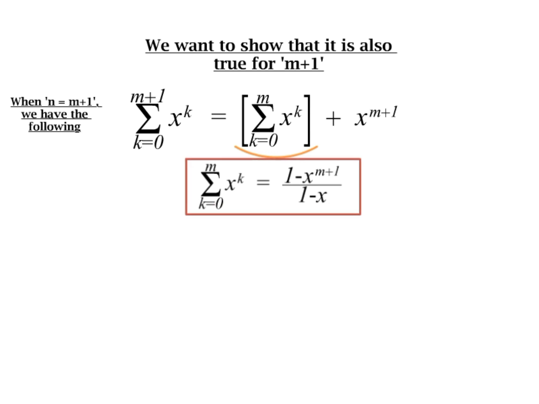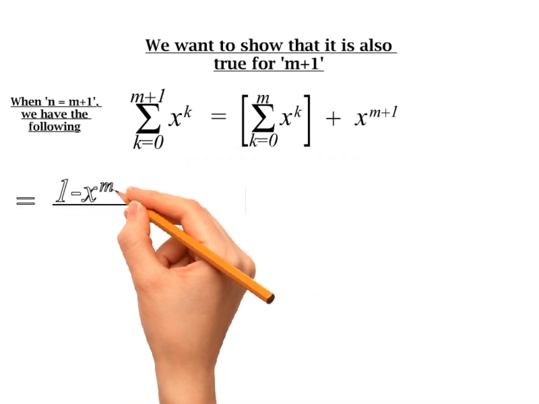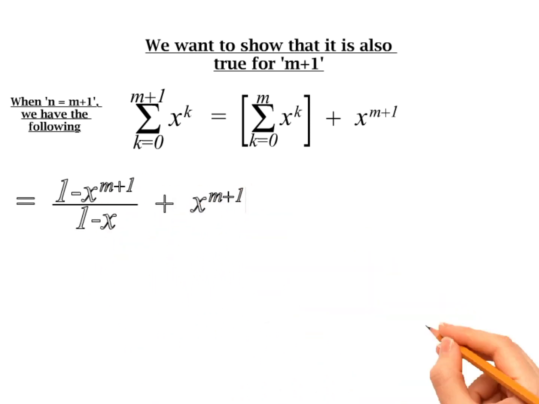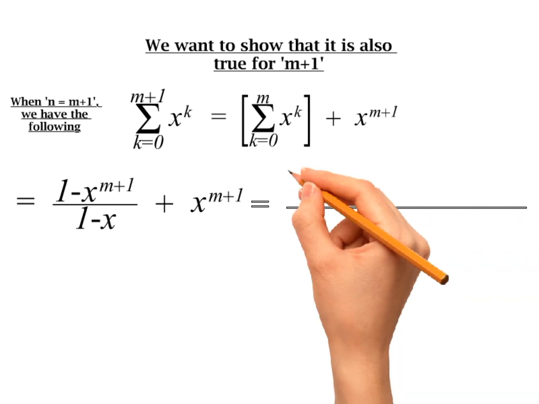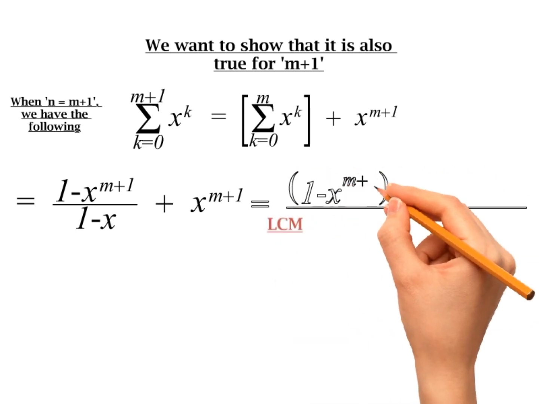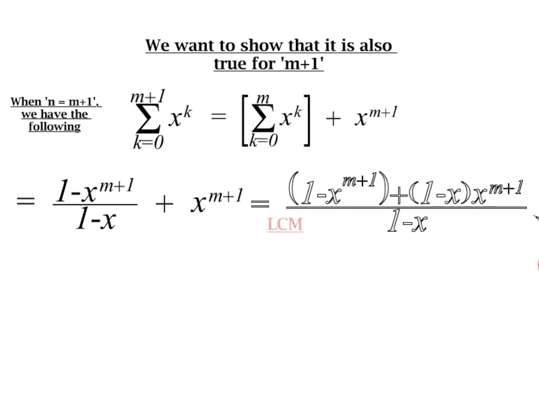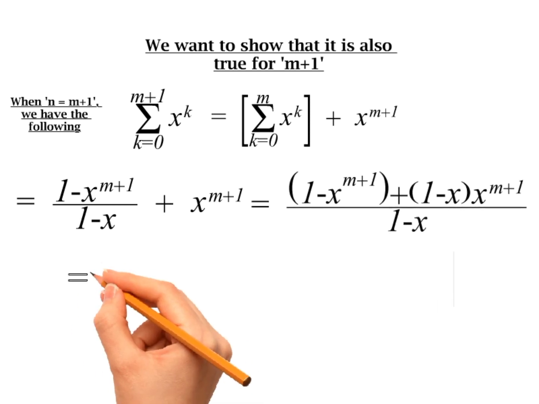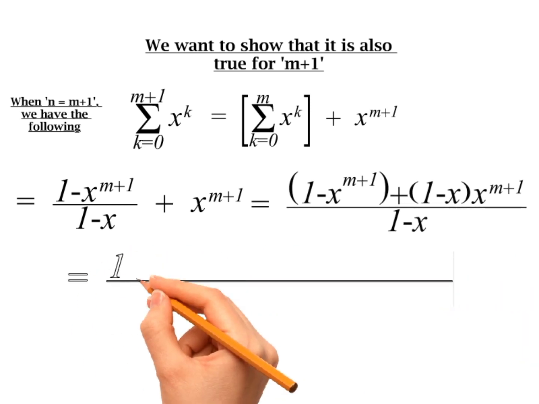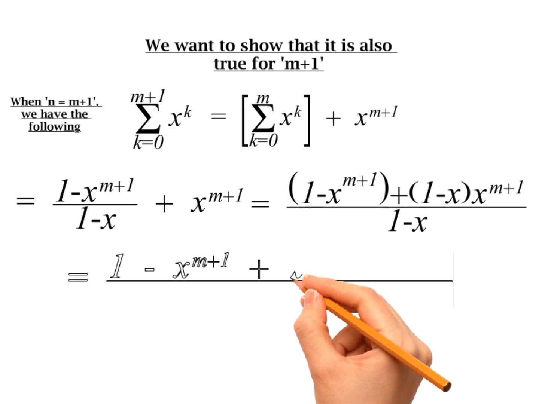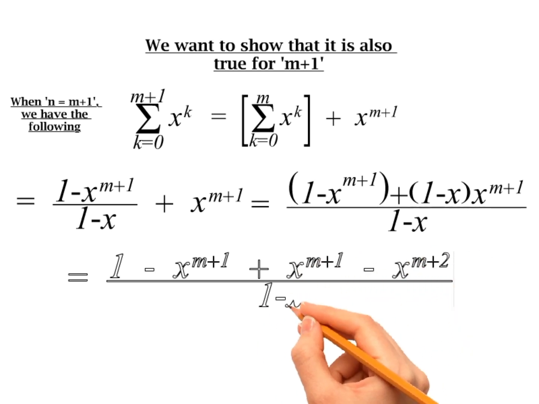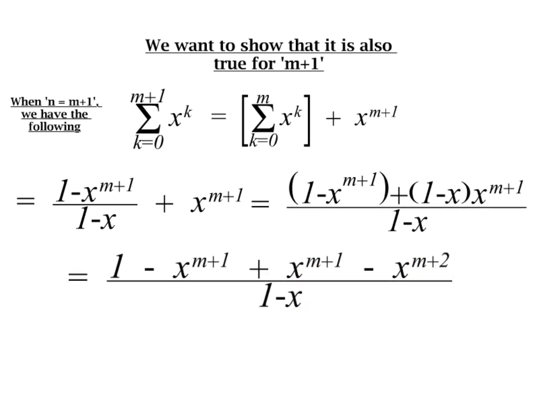This leads to (1 − x^(m+1))/(1 − x) plus x^(m+1). Convert the expression to a single fraction. Then we simplify the result. We see that x raised to the power of m plus 1 cancels out.